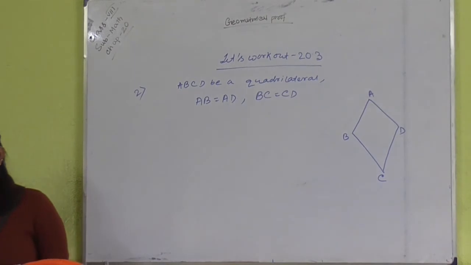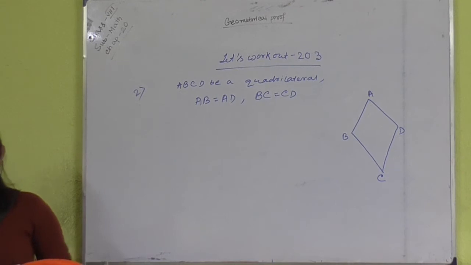Now in our next part, DP is the smallest distance drawn from D on AC.